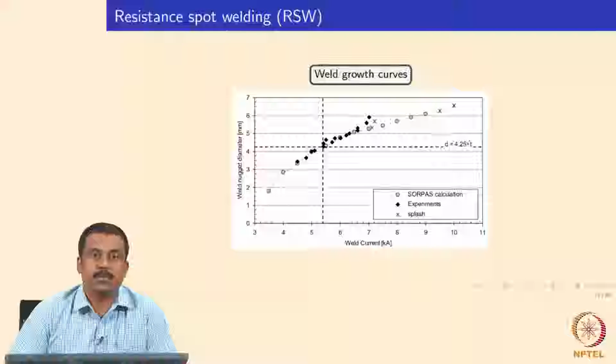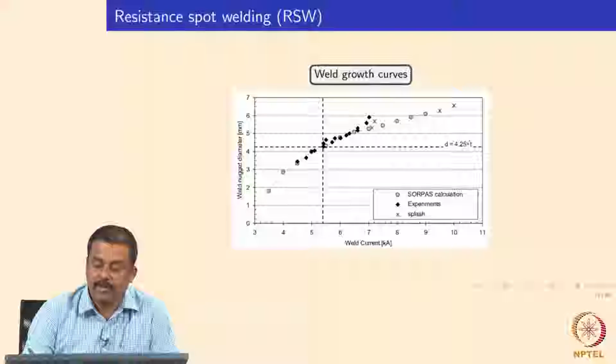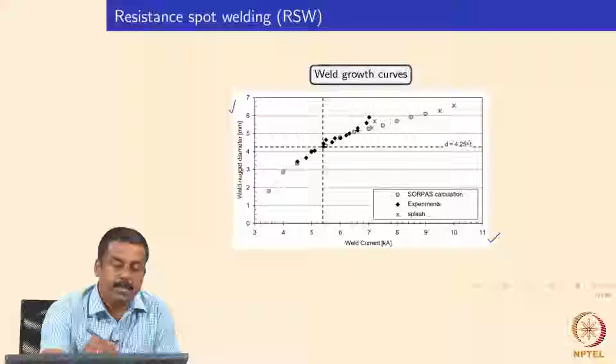You will have to see what the current and the welding time should be to get an acceptable weld nugget diameter. We generate what are known as weld growth curves in resistance spot welding. Weld growth curves are nothing but the relationship between the welding current you use and the weld nugget diameter.